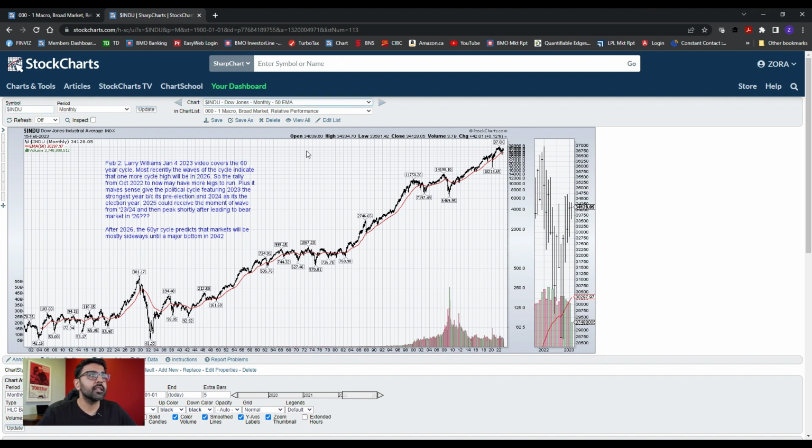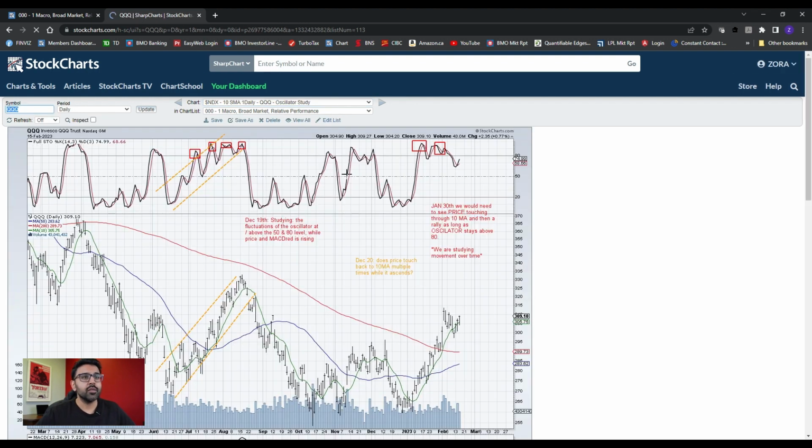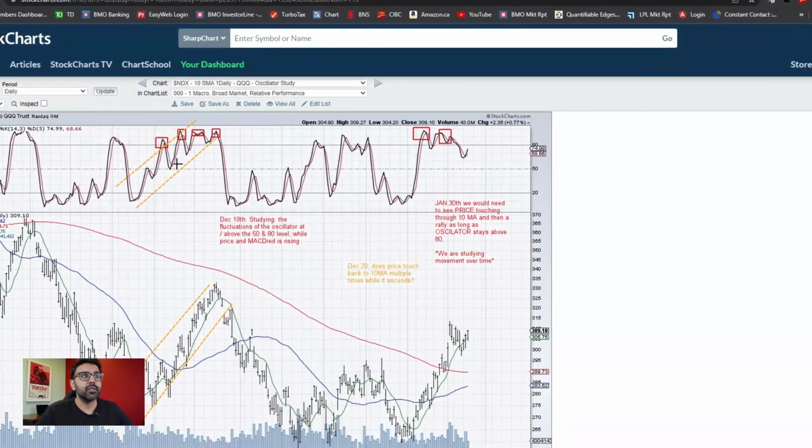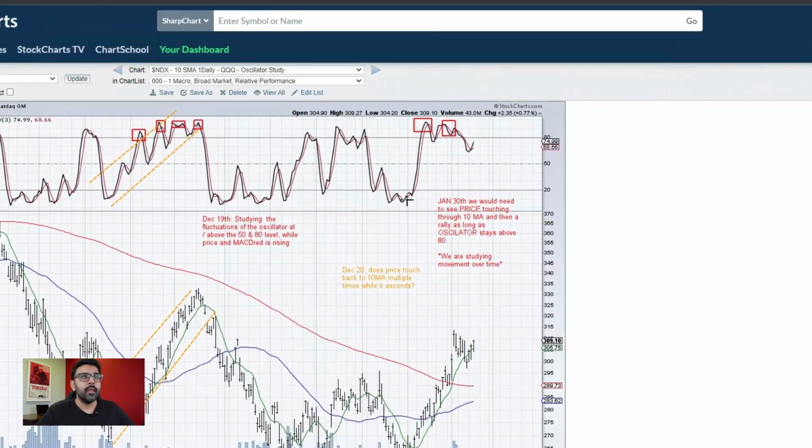Okay, what else can I show you guys? An oscillator study. What I was trying to figure out here is whether in an uptrend, like back here in June, the stochastics oscillate above the 80 line, above 65 or so. Does it oscillate?